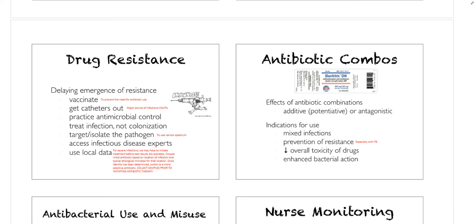And starting off with multiple antibiotics can help prevent resistance by not giving those bacteria an opportunity to develop resistance. It can decrease the overall toxicity of each individual antibiotic because you might be able to use less of each. And we can also use it for times when we have really big superbugs.